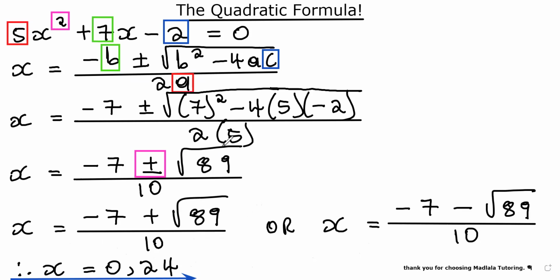Then we go to the second solution. We say, or x will actually be what? Well, rounded off to 2 decimal places once again, we find that x will just be negative 1.64.